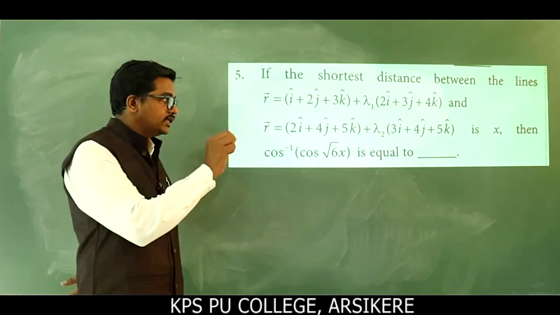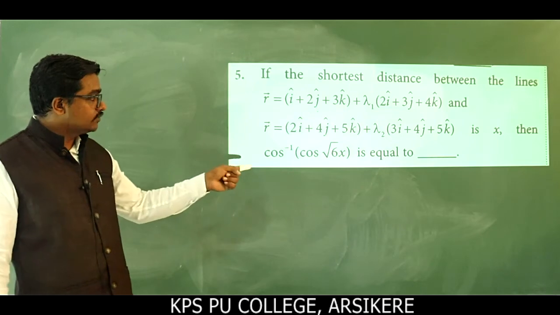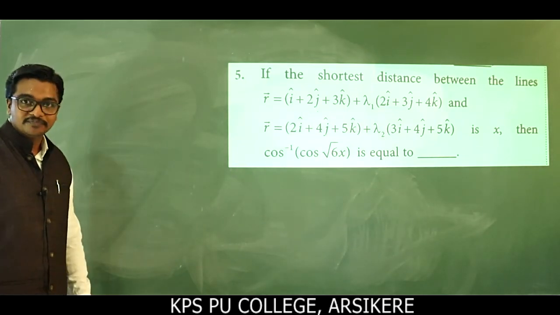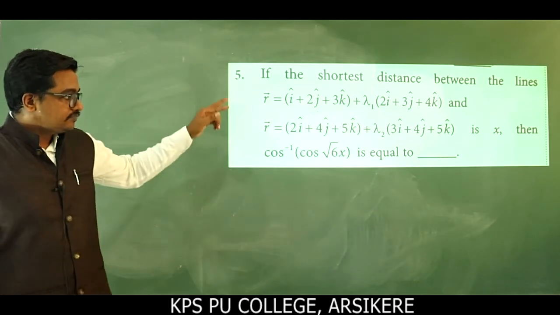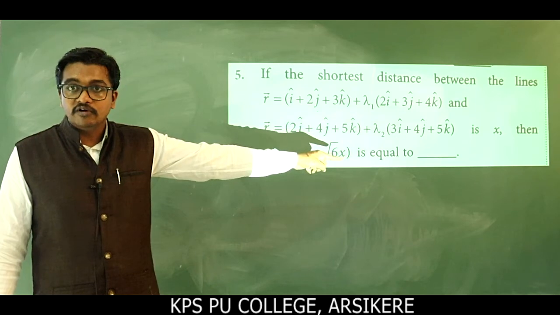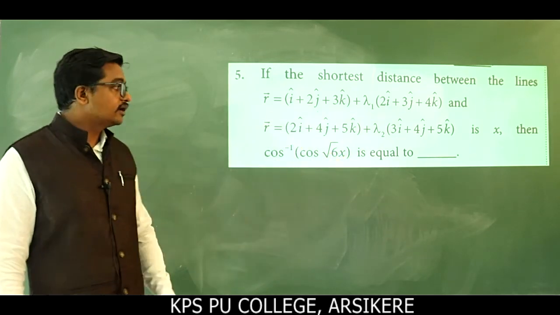They given the distance is x. Then we need to find cos inverse of cos of root 6 into x. Just remember, this is a numerical type question. Here they are not given options, so we have to directly find the value.